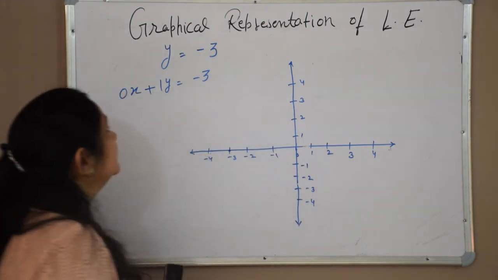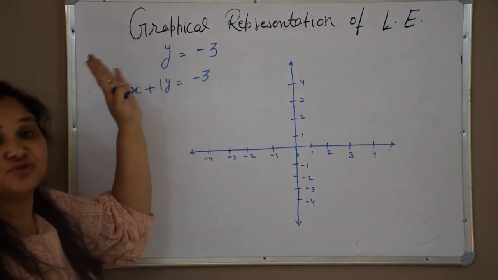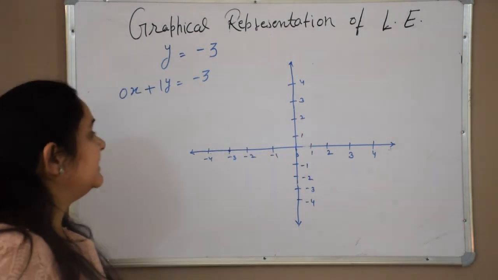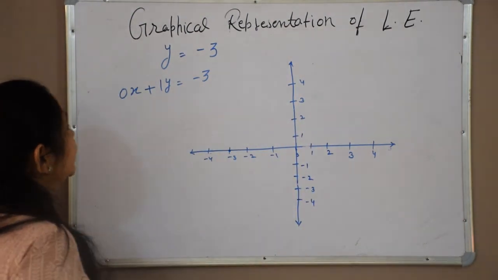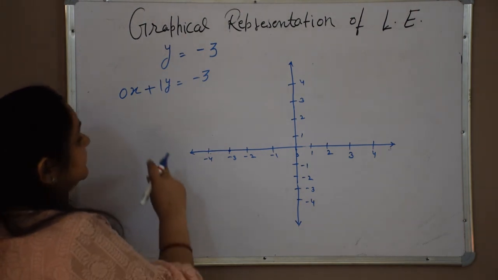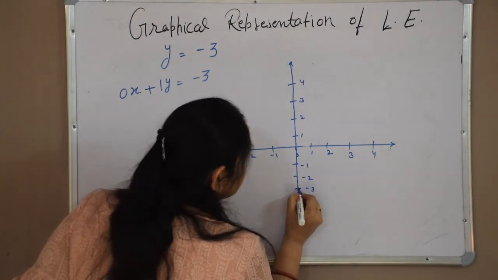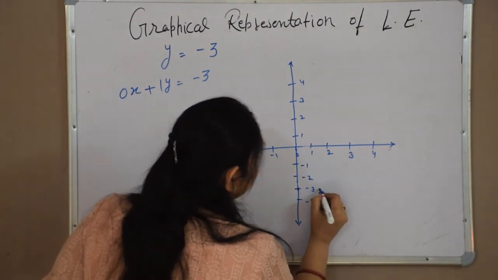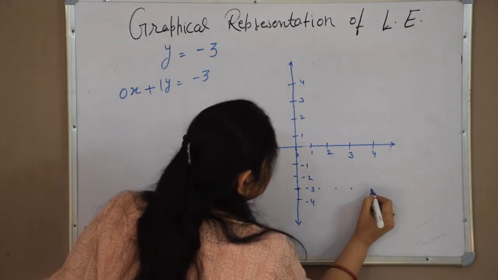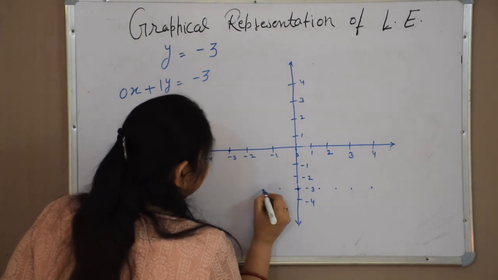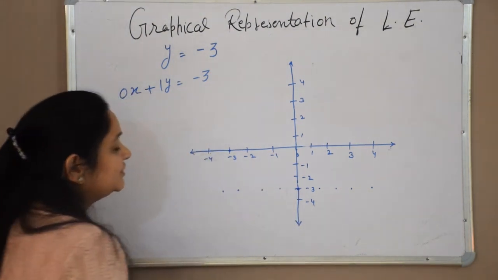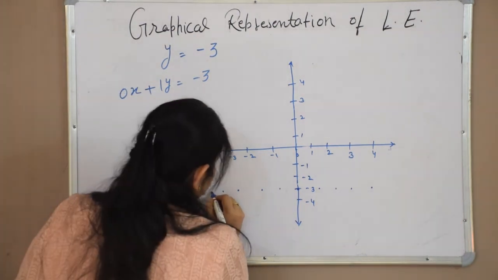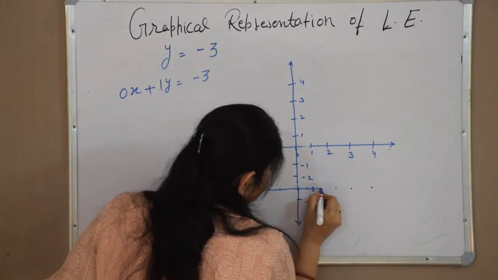Whatever the equation is, either in terms of x or in terms of y, we have to consider the x-axis, y-axis, coordinate plane, and then we will plot. Here it is given y is equal to minus 3. We will put a point whenever x is 1, 2, 3, 4, everywhere it is giving us y is equal to minus 3, and for negative values of x also it is giving us y is equal to minus 3. We will just join this.